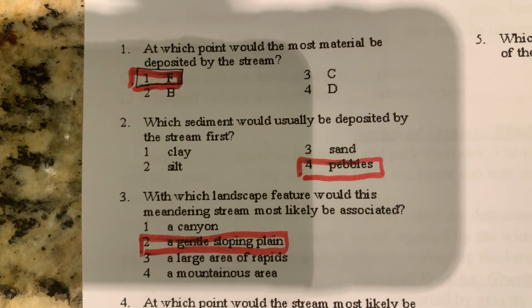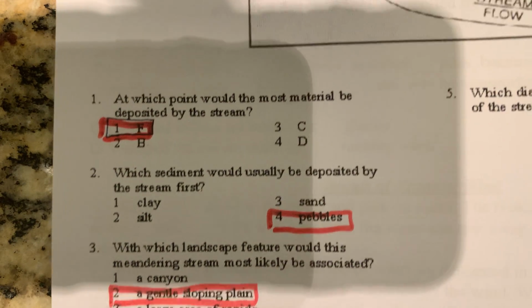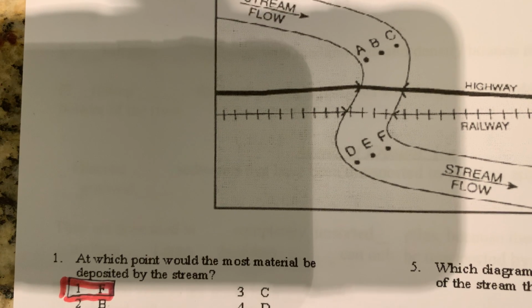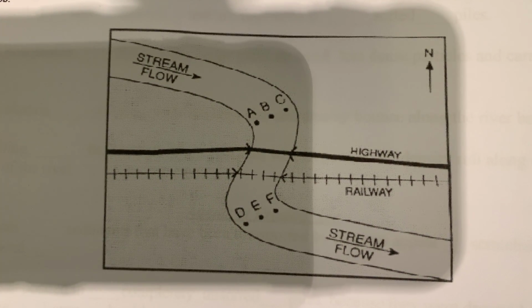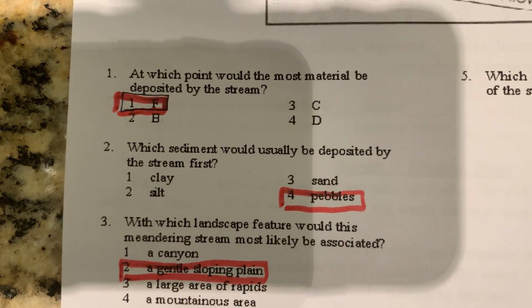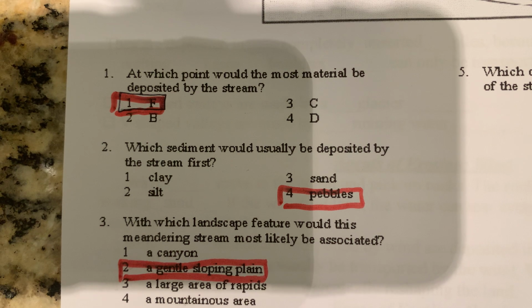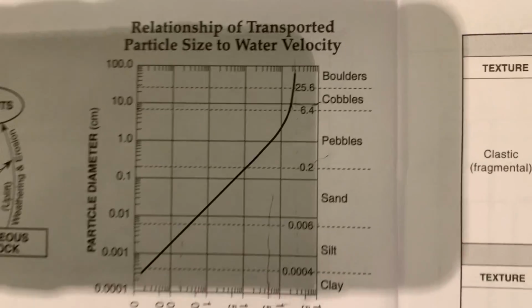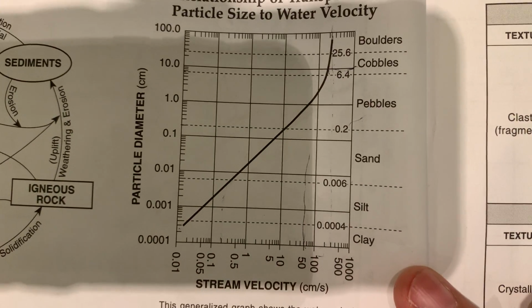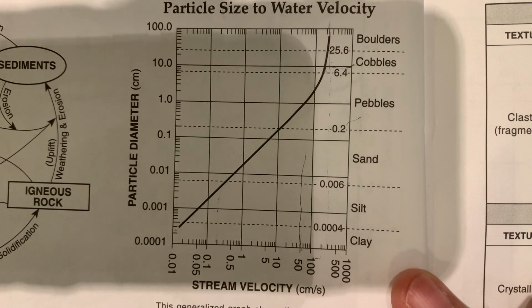So for number 2, here goes the map in question. And number 2 says, which sediment would usually be deposited by the stream first? Well, for this question, you mainly need ESRT, page 6, this chart right here.